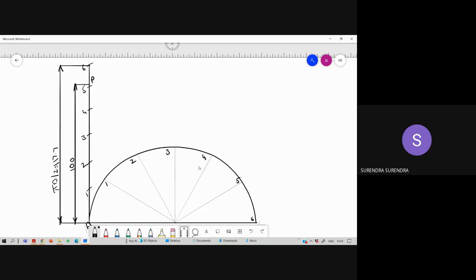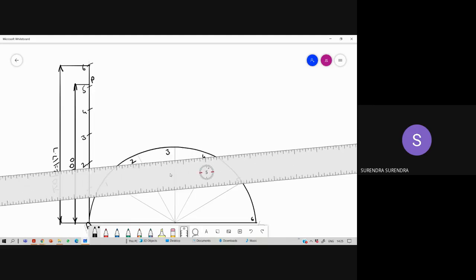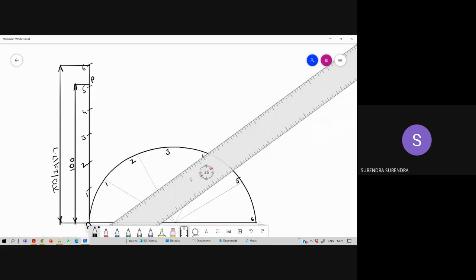Now at each and every point draw the tangents. Draw the tangents at each and every circle division.